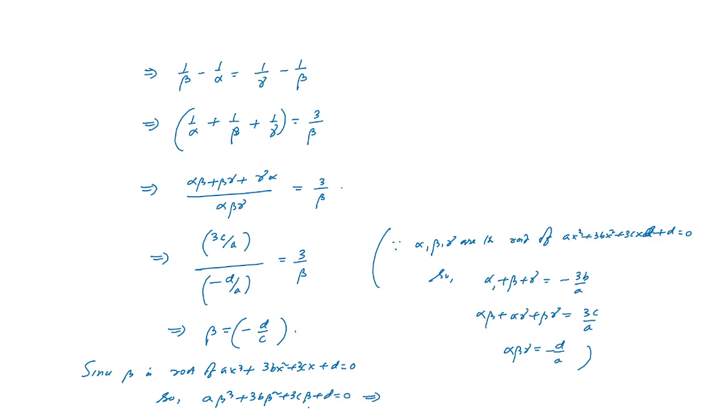So you just put the value of beta, a into minus c by d whole cube plus 3b into minus c by d whole square plus 3c into minus c by d plus d equals to 0. Now I will do the simple calculation and I will get the relation between roots and coefficients. So this is a simple trick how to solve this kind of problem.